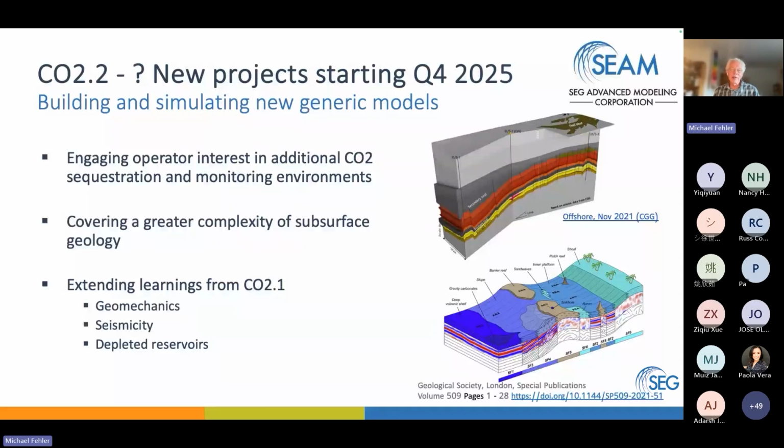We've done a lot of time imaging the data, but we haven't spent a lot of time actually using the data to evaluate what we can learn about the reservoir from it. There's interest in that, as well as investigating other environments. Again, the actual content of the project will be defined by the users, but can we extend the learnings, can we learn more from the data we've got, but also can we investigate other regimes?